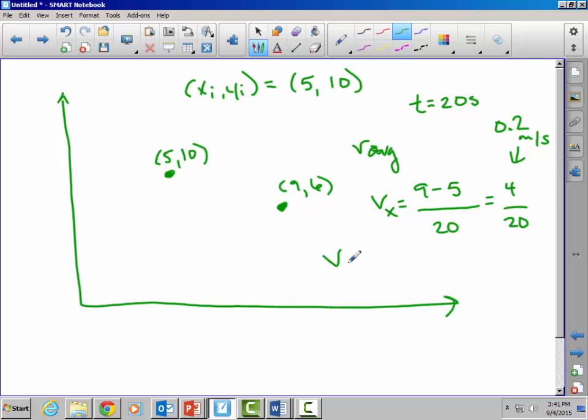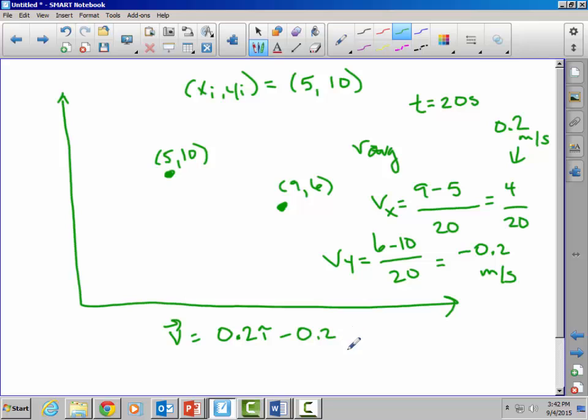So let's look and see what's going on in the y direction. We have from 6 to 10. And again, that took 20 seconds. And then that would be negative 0.2 meters per second. So if we were to write its velocity as an ijk vector, we could say that its velocity vector is going to be defined as 0.2 in the I direction minus 0.2 in the j direction.